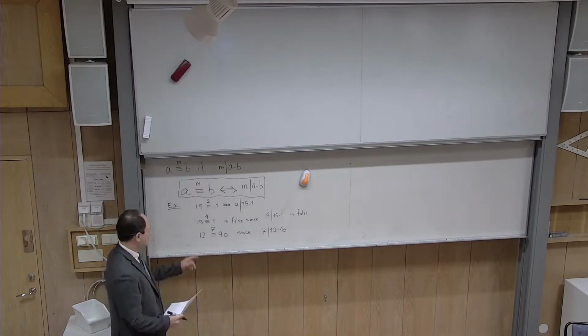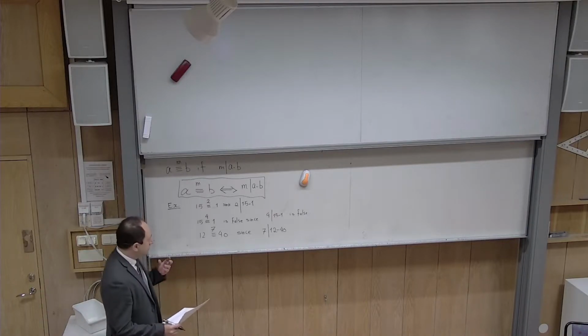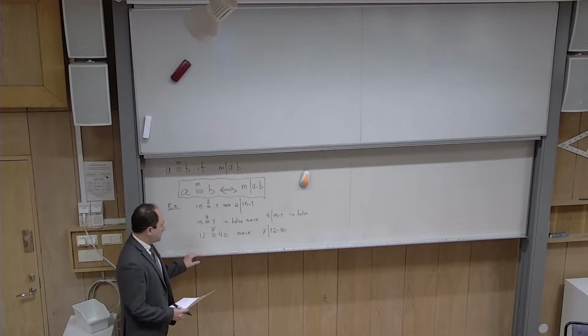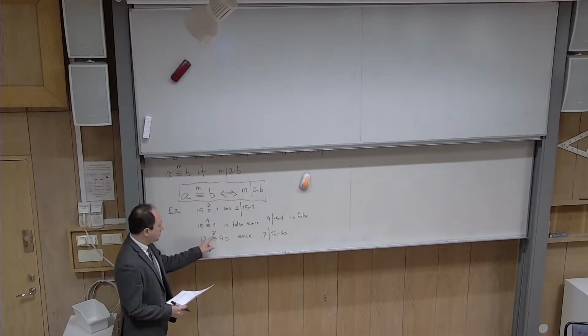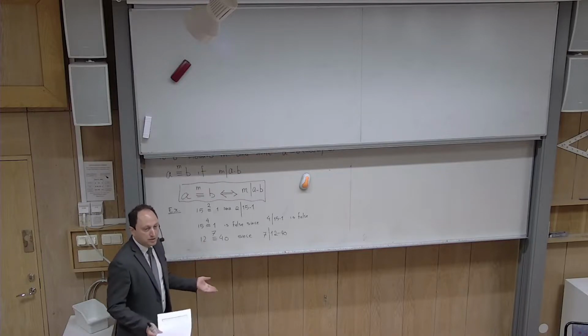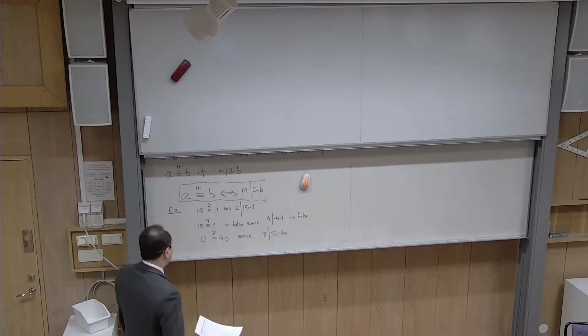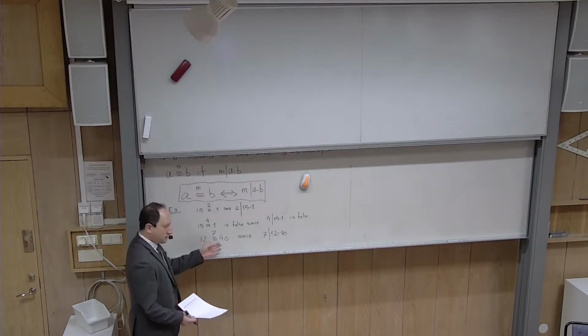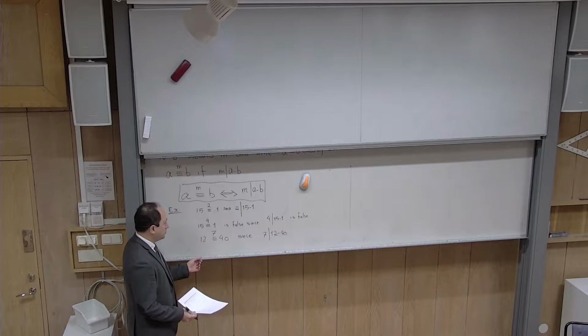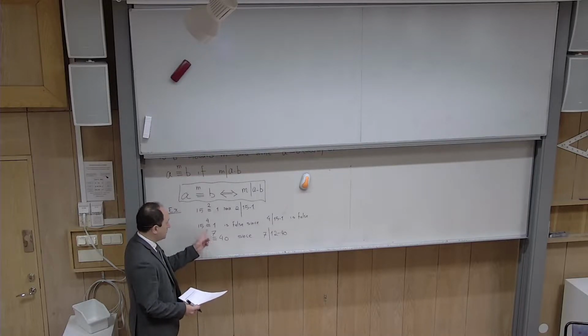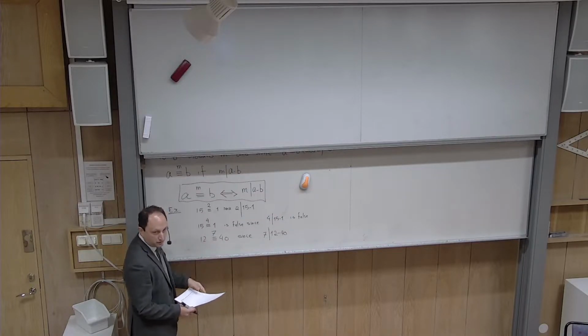So that is also true. I want you to think in this way: if you work in modulo 7, 12 and 40 are the same numbers. This is a good way to think about it. Of course, 12 and 40 are not the same numbers, we know that. But if you just decide to work in modulo 7, there is no difference between 12 and 40.